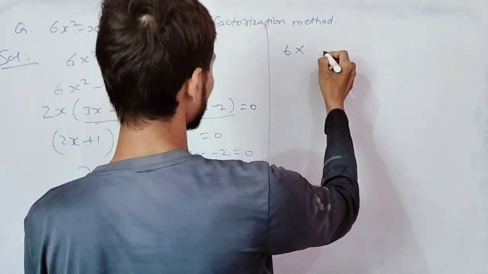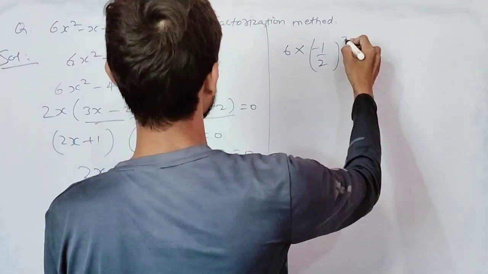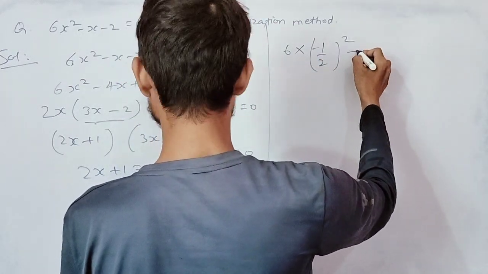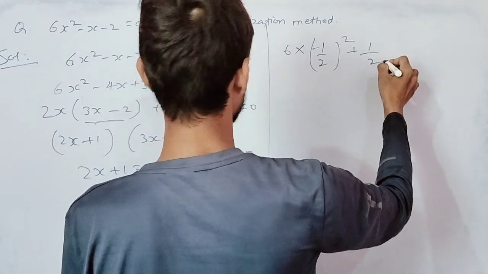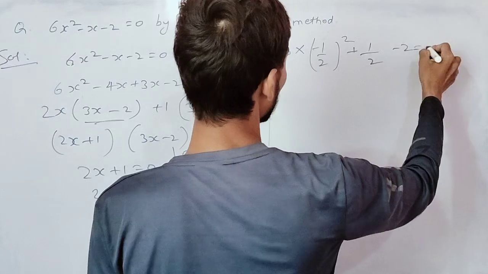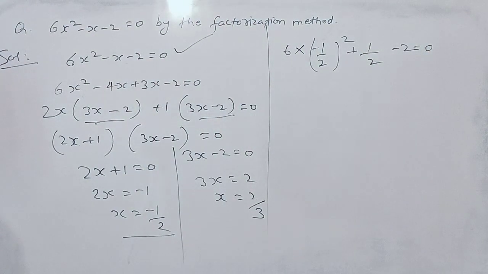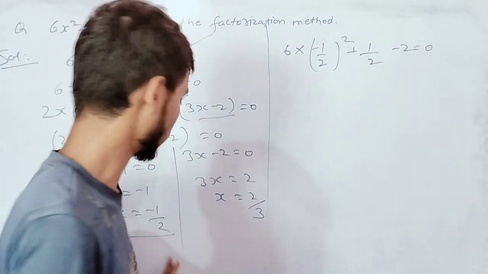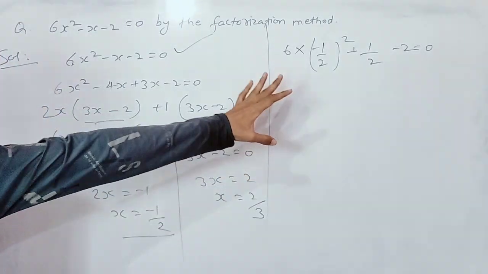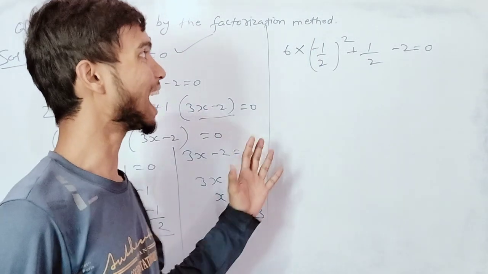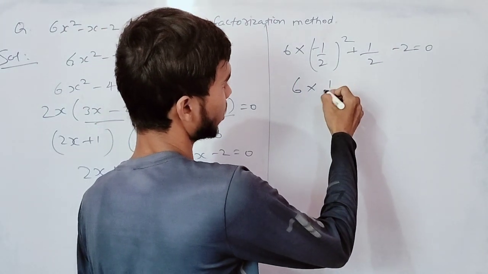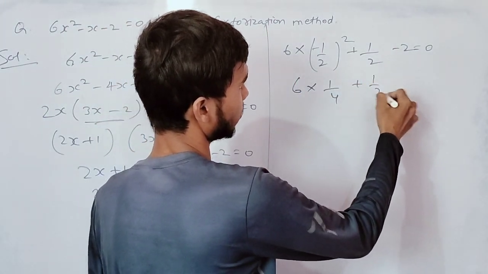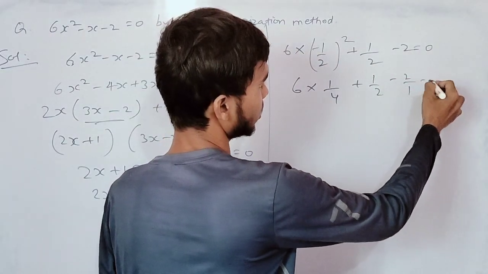6 multiplied by minus 1 upon 2 squared, minus minus 1 upon 2, minus 2. Now after substituting value of x, both sides will be equal after simplifying it. Do you want to see? Yes. So 1 upon 4, 1 upon 2, minus 2.